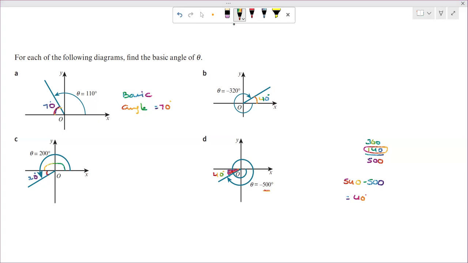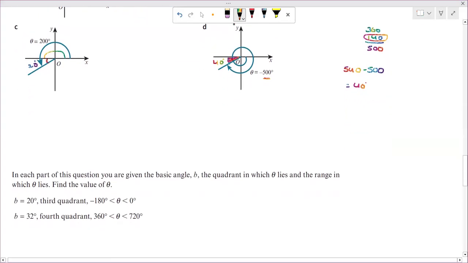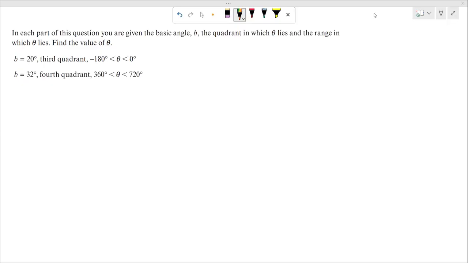Okay. Now, next. Suppose the question is given like this. The next question, see here: in each part of this question, you are given the basic angle B, the quadrant in which theta lies, and the range in which theta lies.